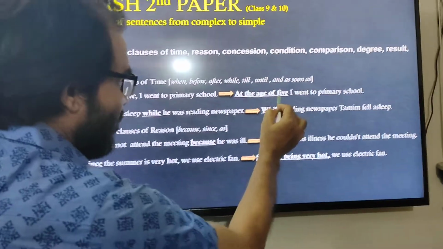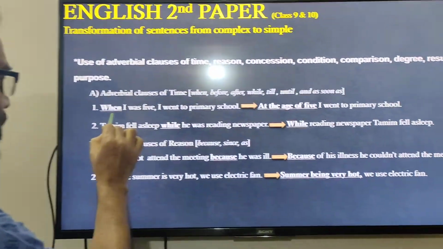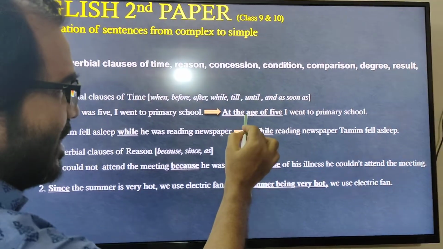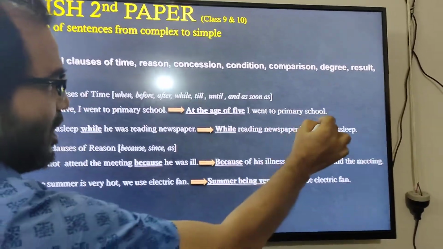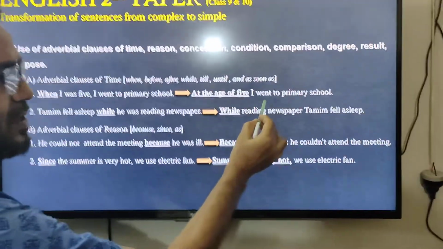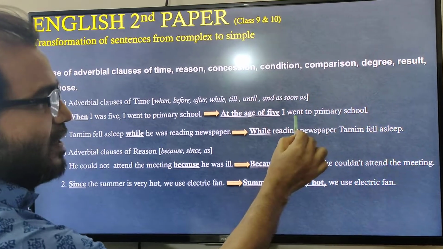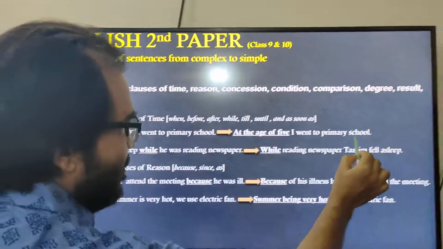At the age of 5 is the time phrase. The time clause when I was 5 has been transformed into the time phrase at the age of 5. So the sentence becomes simple, because a simple sentence expresses a single idea, with only a subject, I, and a finite verb, went.